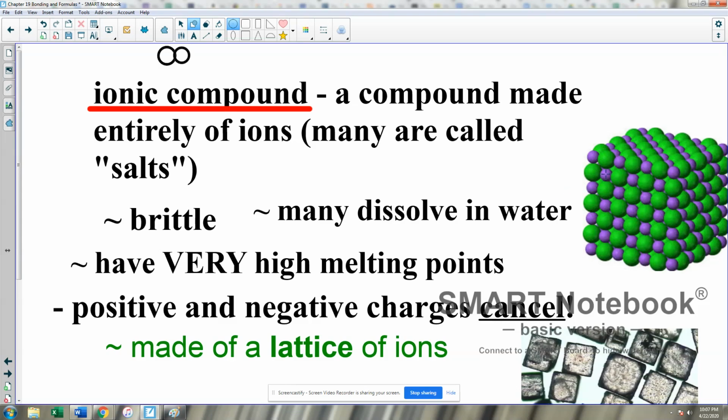Really what happens is, if we have these positive ions, we'll imagine are the green ones, and the negatives we'll imagine are the purple, just for argument. If you were to have a solid composed of ions, they wouldn't just stick together in pairs. They would actually bond in this huge network of ions called a lattice.